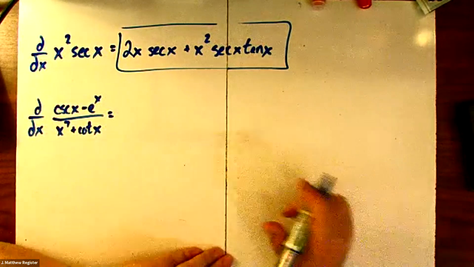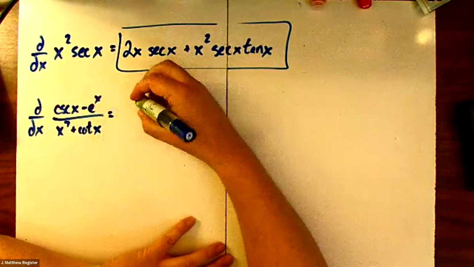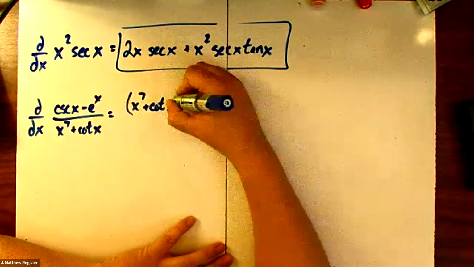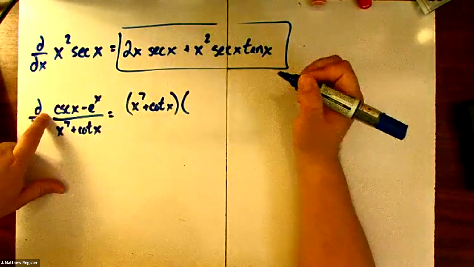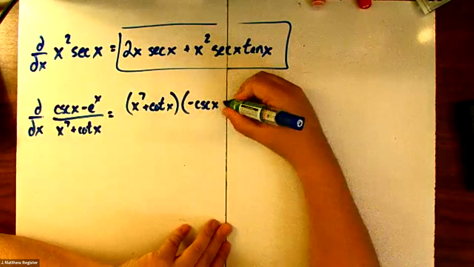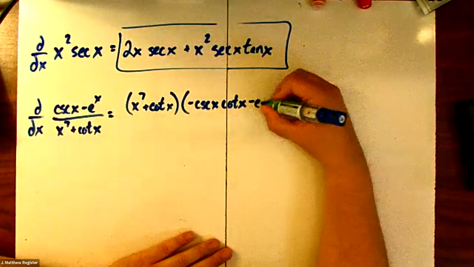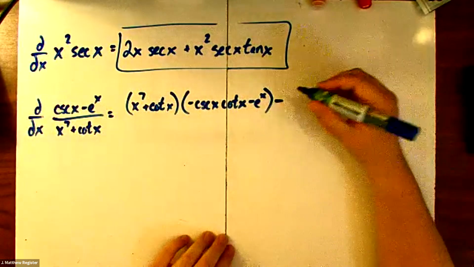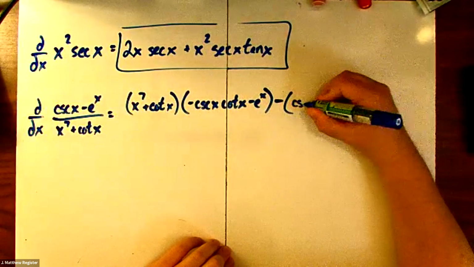And so the quotient rule, we would say it's Hody high. So it's going to be x to the 7th plus cotangent of x times the derivative of the numerator. The derivative of cosecant is going to be negative cosecant cotangent. And the derivative of negative e to the x is negative e to the x. Minus Heidi ho. And so the top just stays the same.